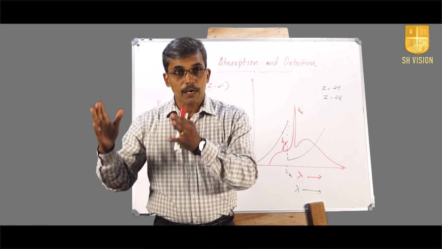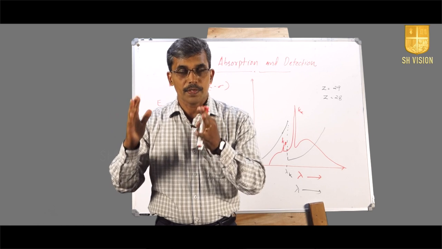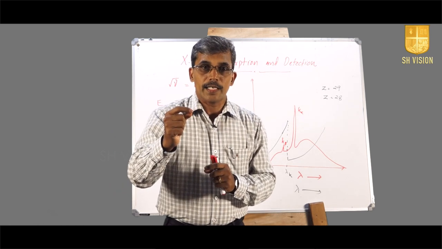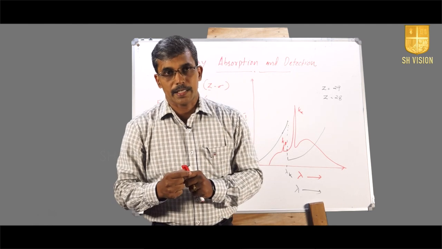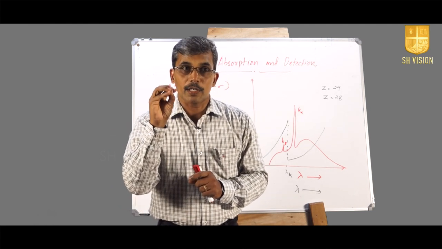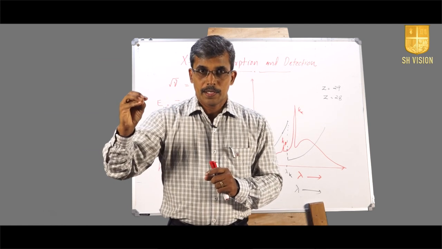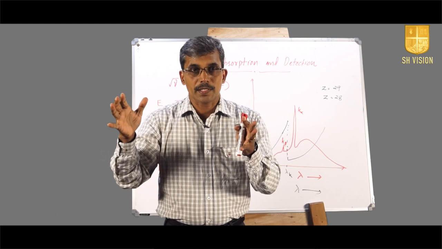So, the energy of the moving electron should be high enough to pull out an electron from the K shell. The energy required is e into V, because of the external potential difference which is applied.